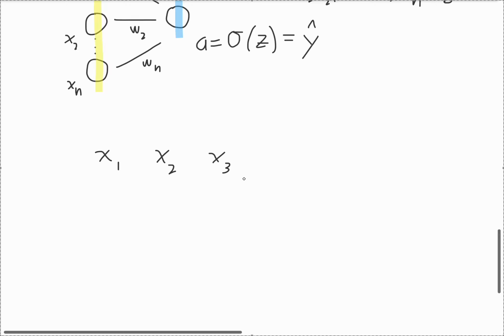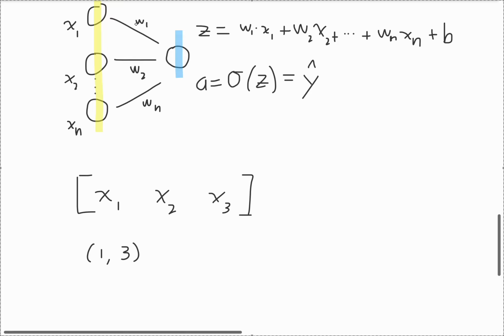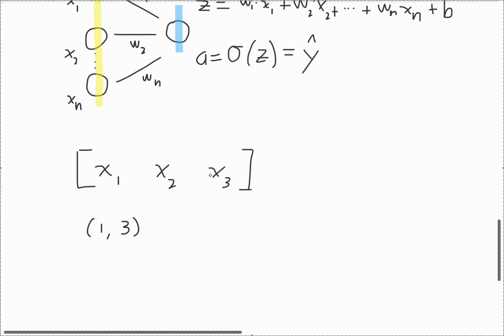The first thing I want to do is organize those inputs into a matrix with dimensions 1 row and 3 columns, 1, 3. Correspondingly, I will organize the weights. If I have 3 inputs, I should have 3 weights for a single layer perceptron.